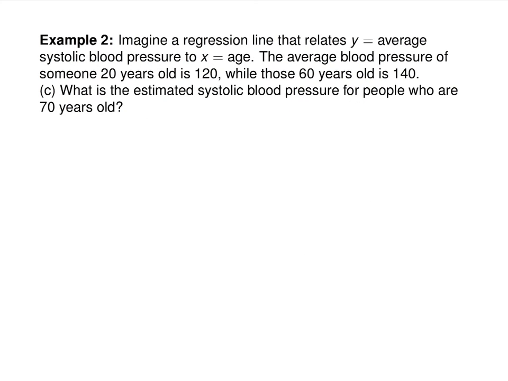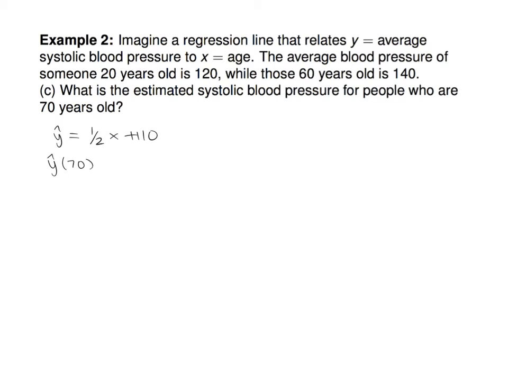And then finally, what is the estimated systolic blood pressure for people who are 70 years old? To figure this out, we just take our regression equation, we plug in 70. So remember, y hat was equal to 1/2 x plus 110.